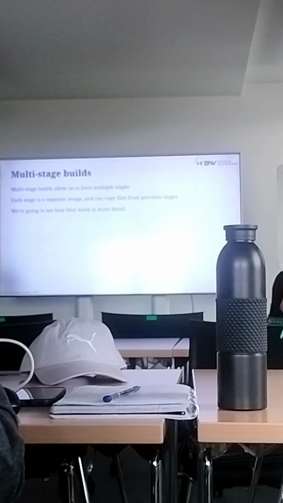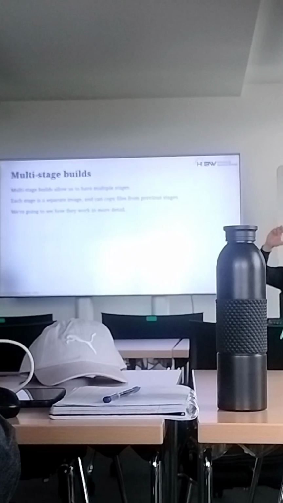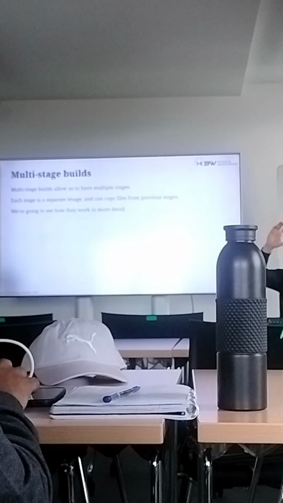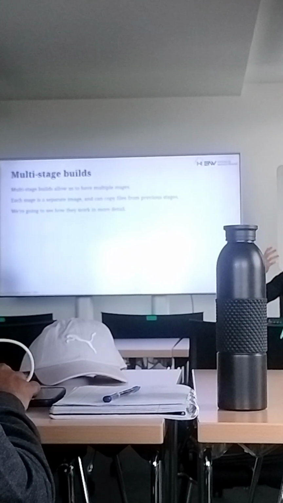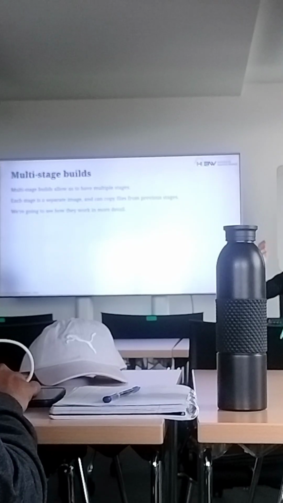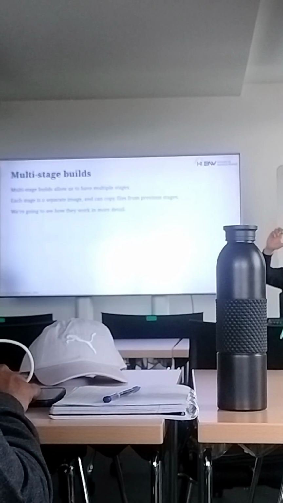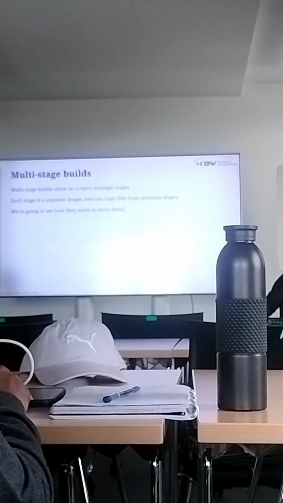And through that, for example, we have a building stage where we have an image with the compiler installed, with the source code present, and we use that to build our executable binary.